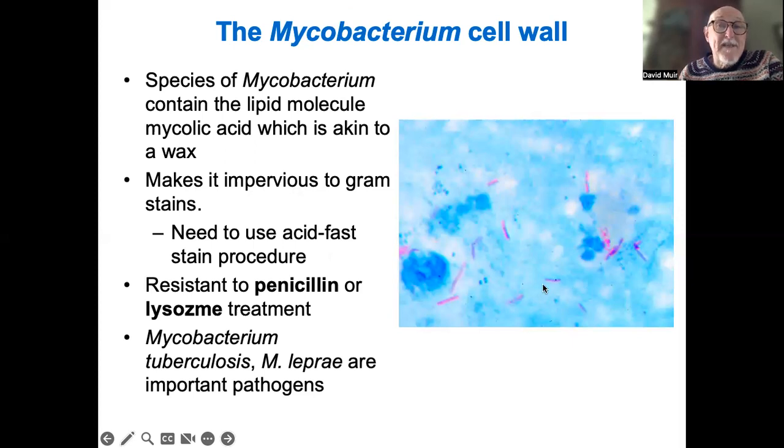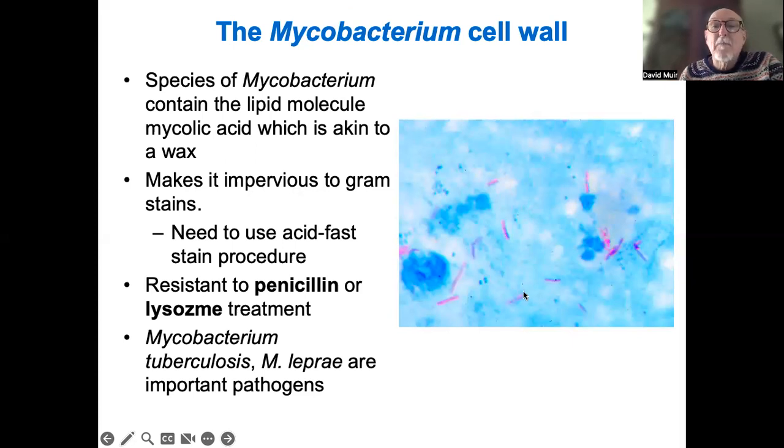And what happens then is that the wax actually will melt and the stain is able to penetrate, and you then decolorize with an acid alcohol. And the acid alcohol will rinse off stain from the outside, but is now unable to penetrate to the interior because the wax resets.